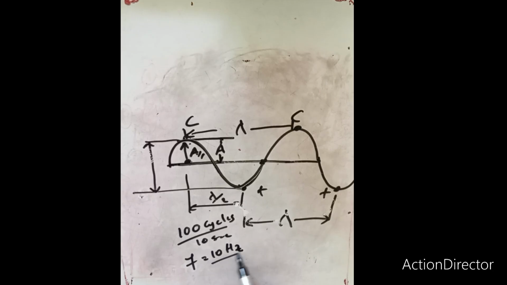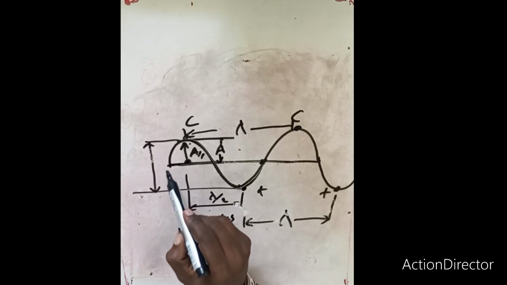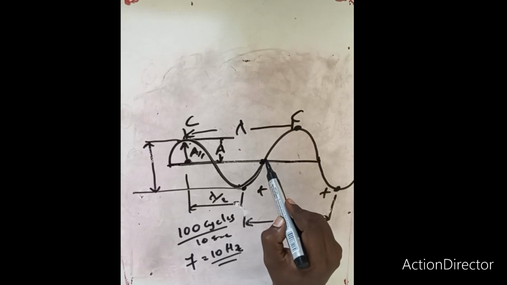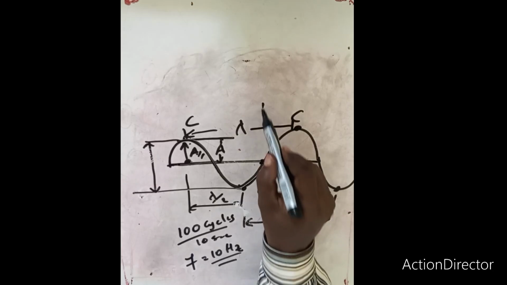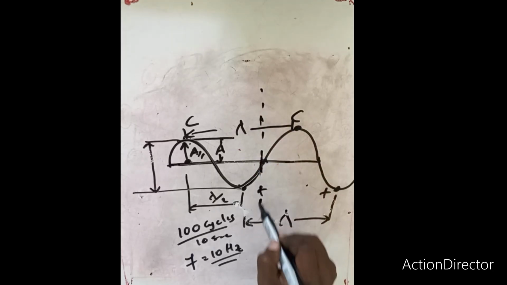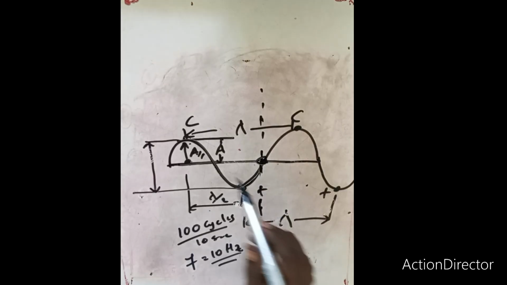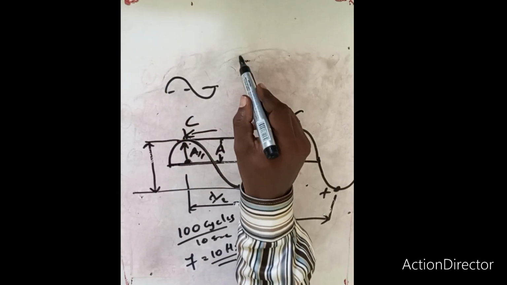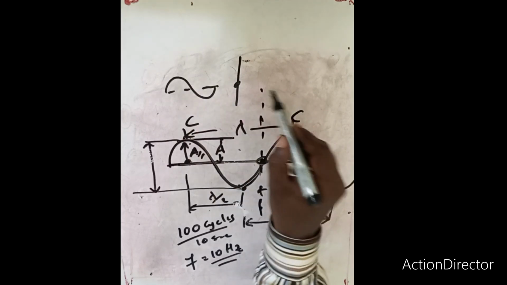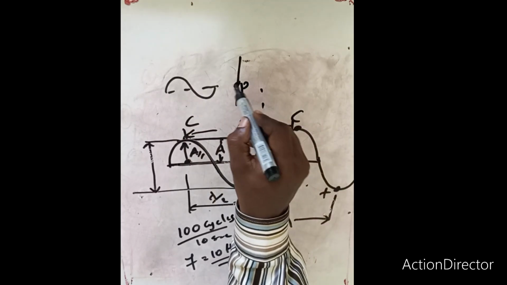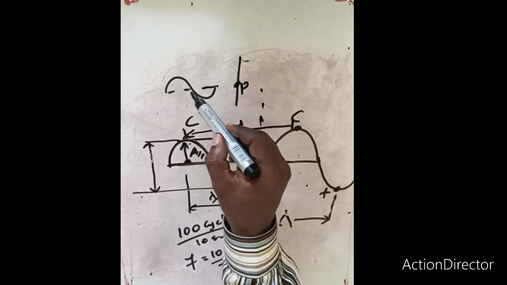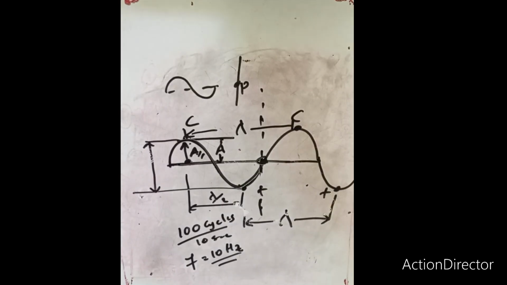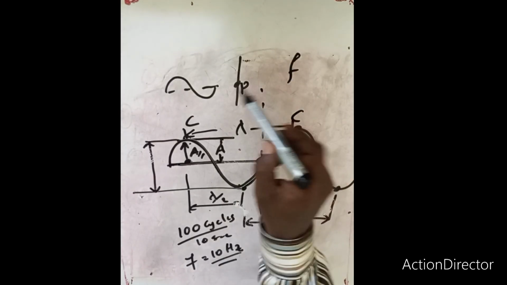Let's say this is the given point. This complete cycle will pass through this point, so in a given time interval we can count the time and then find the frequency.